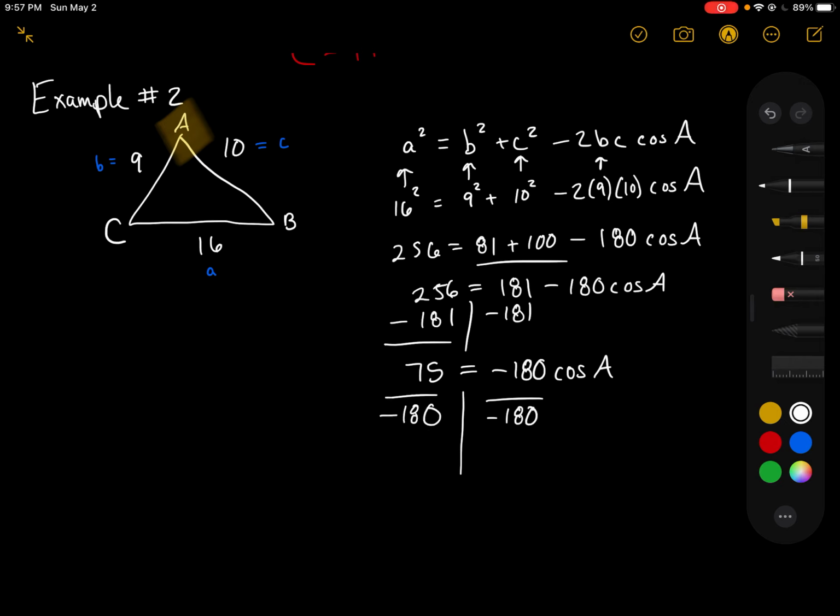And then now we want to keep solving so that we just have the cosine of A by itself. So divide by negative 180. And we're left with that equals the cosine of A.